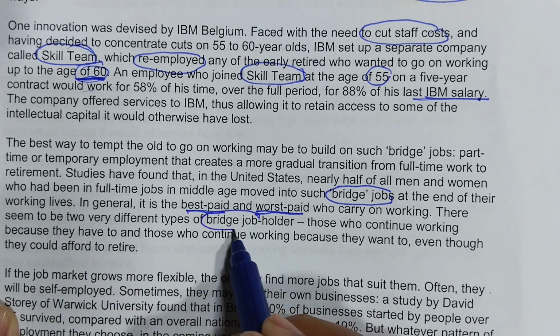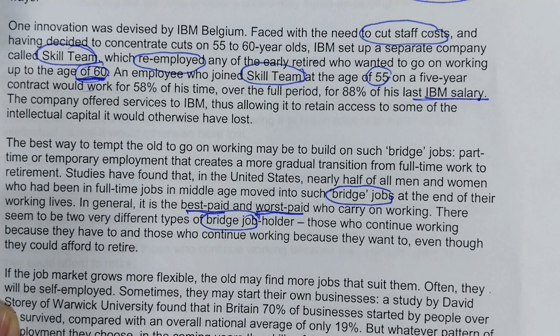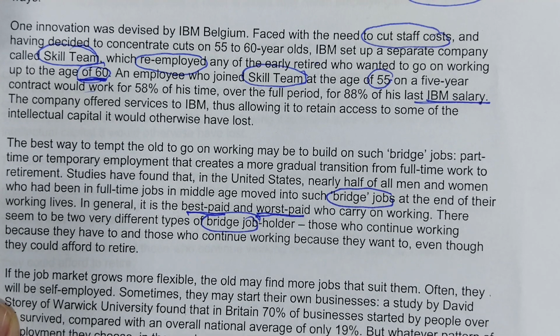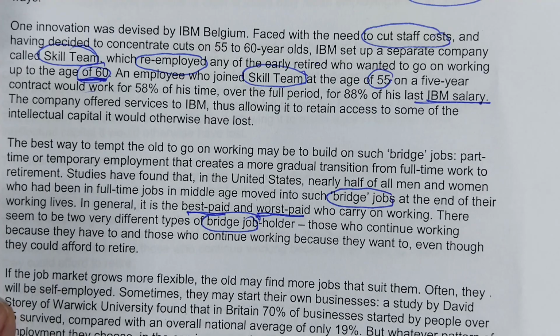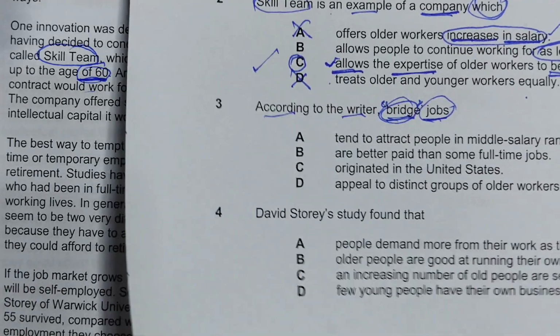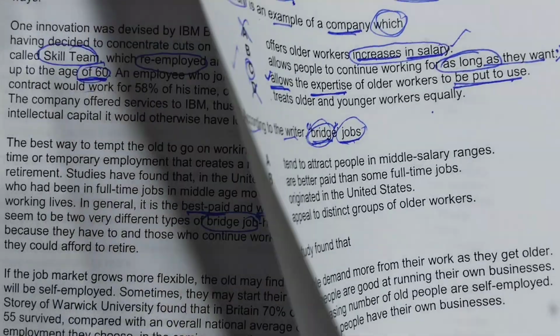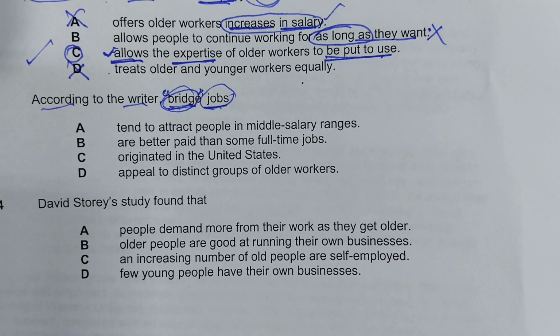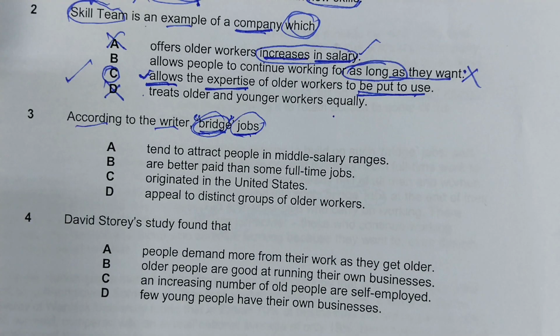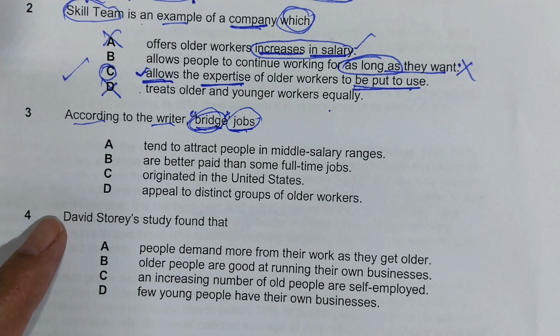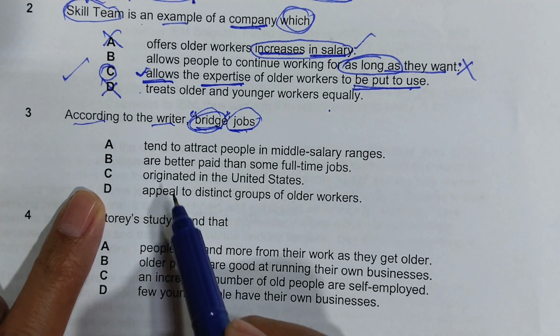Here again I find the word bridge, holders, those who continue. So I can find my answer in the last passage. Let's read the options now, because I found the keywords in the passage. Like in my previous questions, now I will underline the keywords in this question.